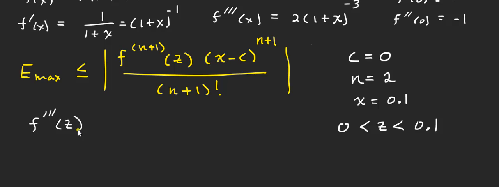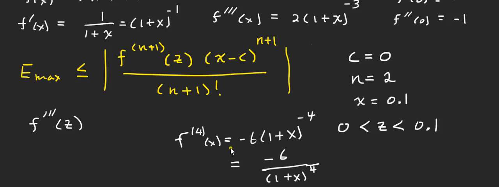And you know that the third derivative of x is this right here. And this function is a decreasing function. And how do we know that this is a decreasing function from 0 to 0.1? Well, take the derivative of that. When you take the derivative of this, you get negative 6 quantity 1 plus x to the power of negative 4, which is the same thing as this.